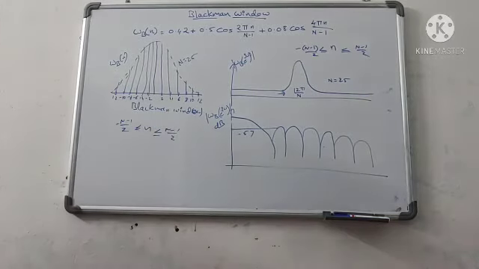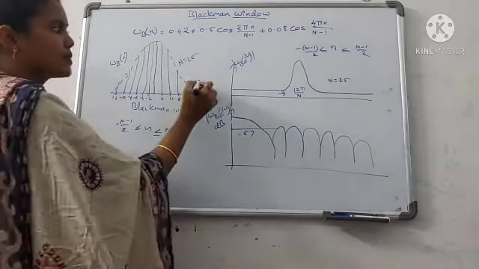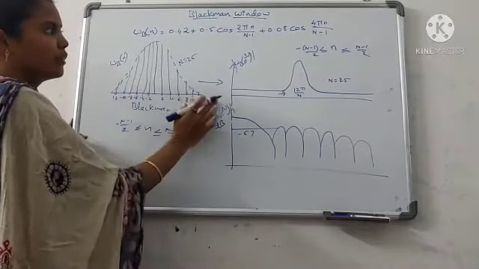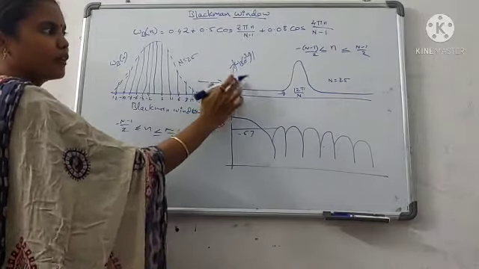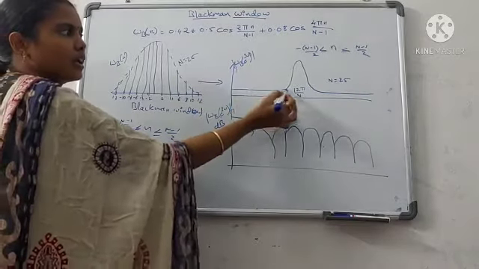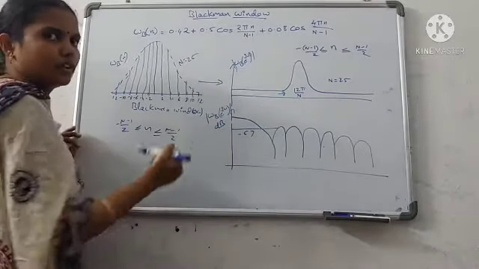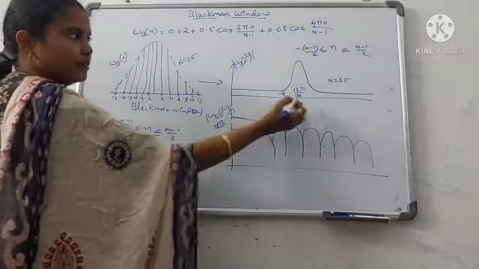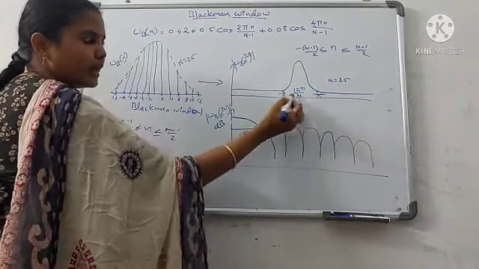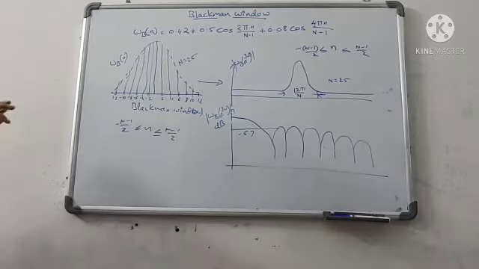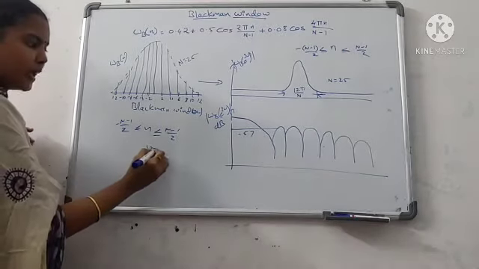Now the frequency response. After the Fourier transform of W_B of n, you get the magnitude of W_B of e power j omega. This is the normalized frequency response of the Blackman window.